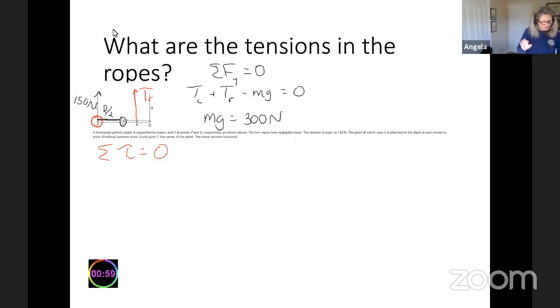So if the left contact point is the axis of rotation, then there's a torque from the weight of the beam, right? That's clockwise. And then there's a counterclockwise torque from the rope pulling up.